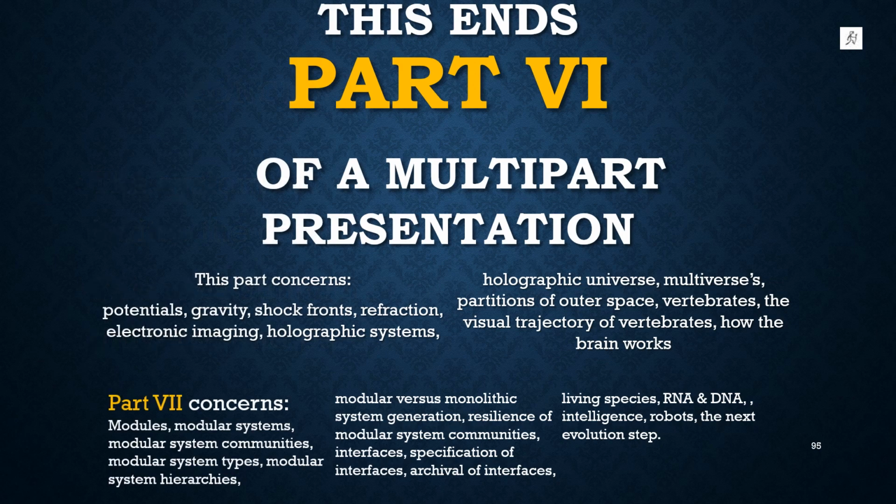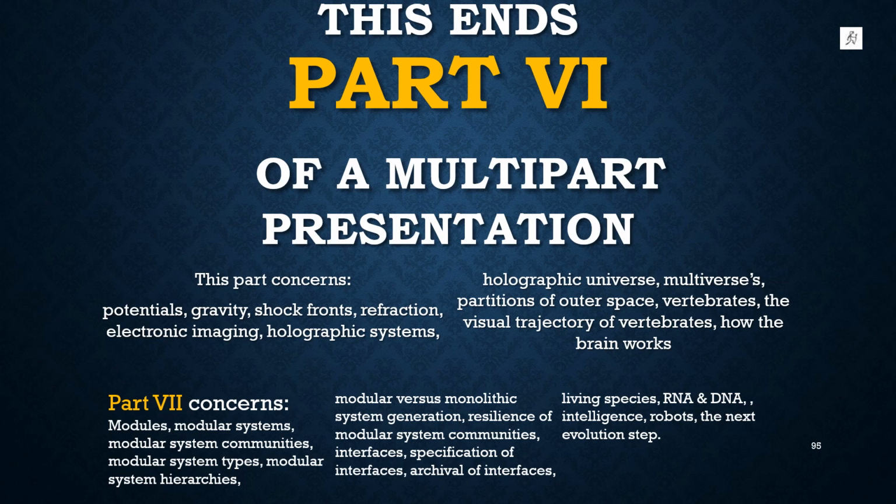This ends part 6 of a multi-part presentation. This part concerns potentials, gravity, shock fronts, refraction, electronic imaging, holographic systems, holographic universe, multiverses, partitions of outer space, vertebrates, the visual trajectory of vertebrates, how the brain works.